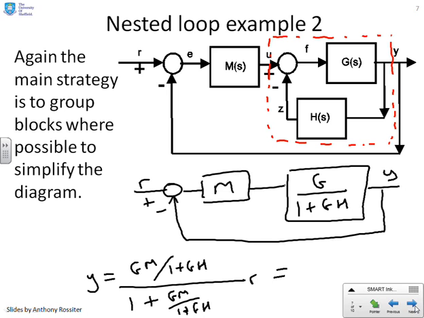And if you multiply that out by 1 plus gh, top and bottom, you will get gm divided by 1 plus gh plus gm, into r. And again you will see that the denominator is not immediately obvious. The only way you will determine this is by going through the relevant algebra.